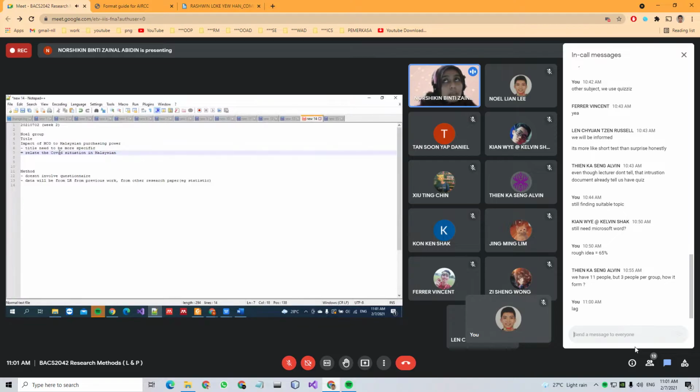For COVID, another example I can think of is the number of suicides. Is it good research? Yes, the number of suicides can be a good research topic because you can find your result or output from LR2, because you're going to design a questionnaire and ask people about suicide.